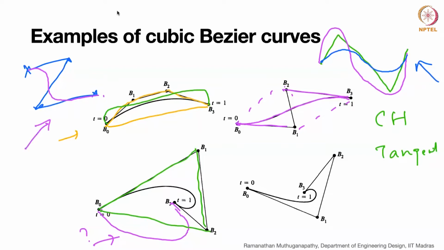When I have an input as a control polygon, the curve follows the control polygon, and also maintains properties like being tangent to the first and last points. It never goes out of the convex hull. And the most important property is that it doesn't oscillate something like this. It always closely follows your input, which is the polygon itself.